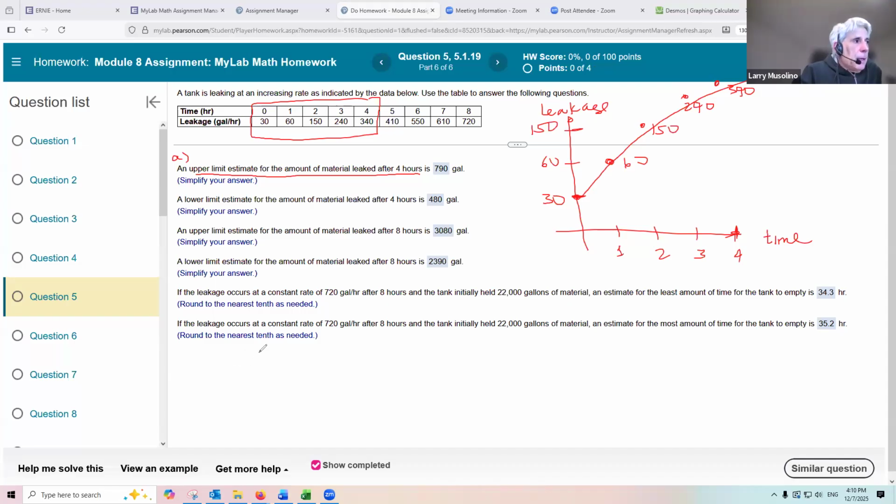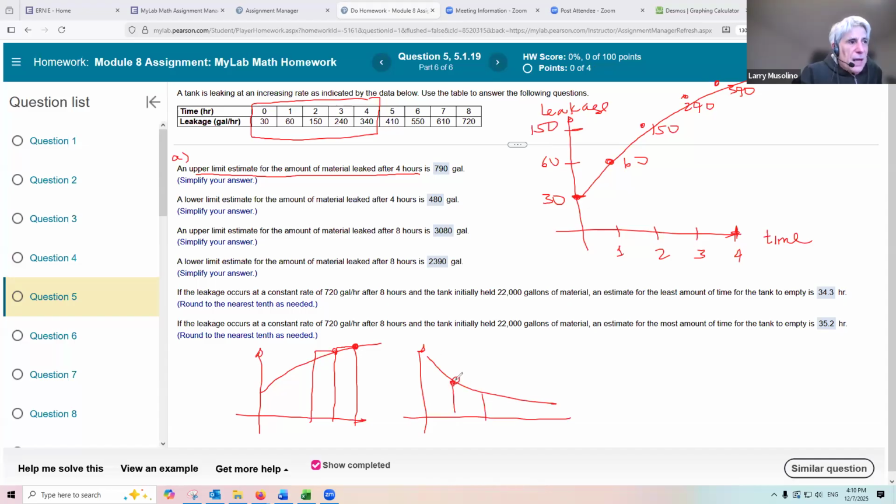Now, keep in mind that if the function is increasing, then the upper limit that we want, the upper estimate, is using right endpoints. But what if the function was decreasing? Then we'd want to use left endpoints for the upper limit.